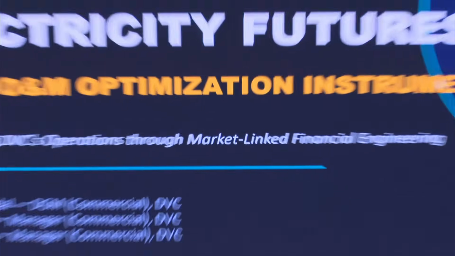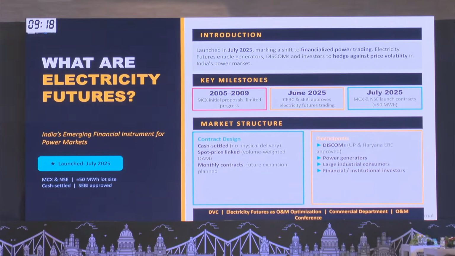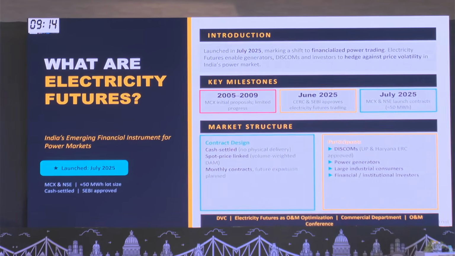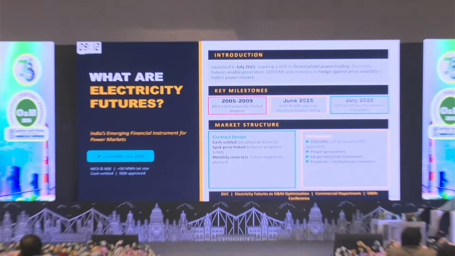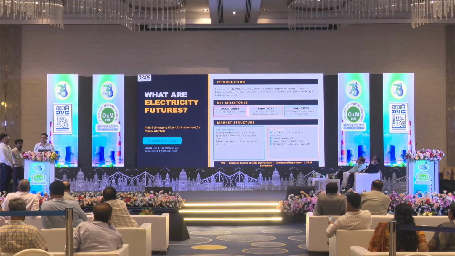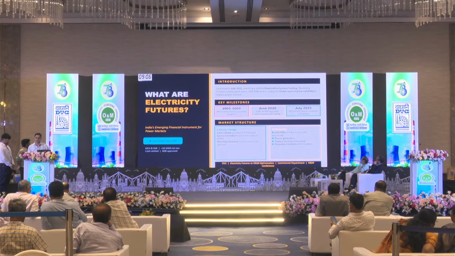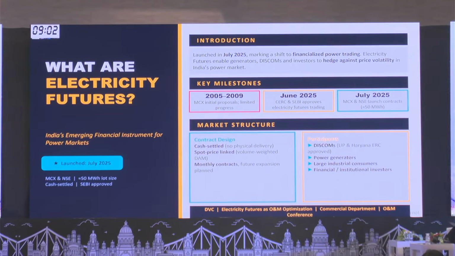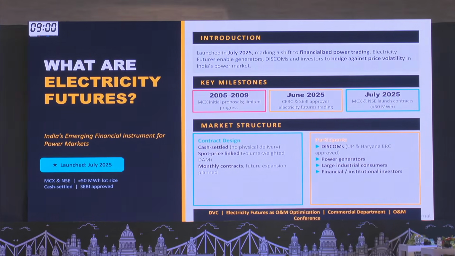DVC being a vertically integrated utility, our proposed framework shows how electricity futures, financial instrument-driven decisions, can enhance plant performance, improve PLF, reduce gross heat rate, APC and SOC, and support maintenance scheduling.